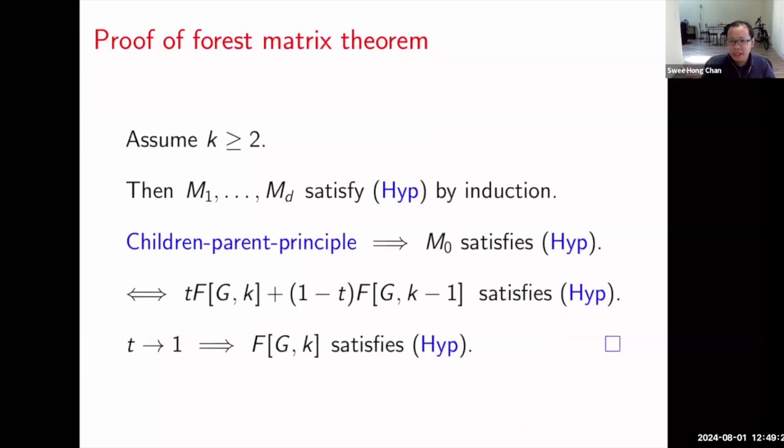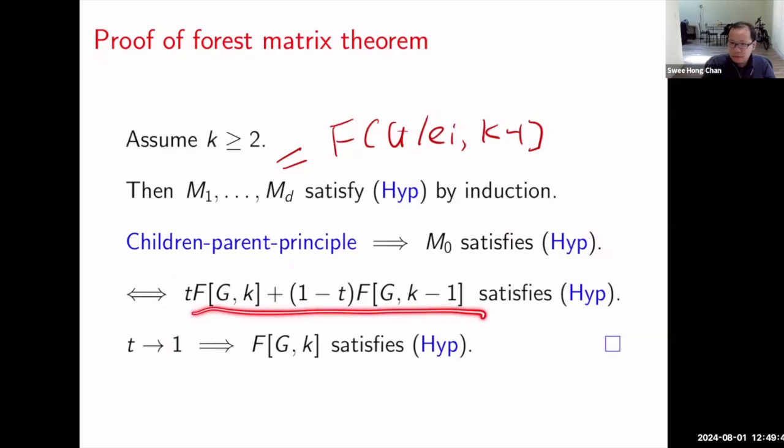Now assume k is equal to 2. Remember that by definition, M1 up to Md are FG over e_i of k minus 1. So by induction, all of them satisfy the hyperbolic property. Then by the children to parent principle, M0 satisfies the hyperbolic property, and M0 is equal to this matrix.